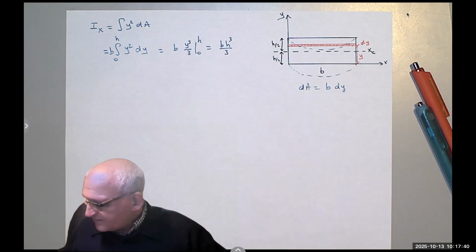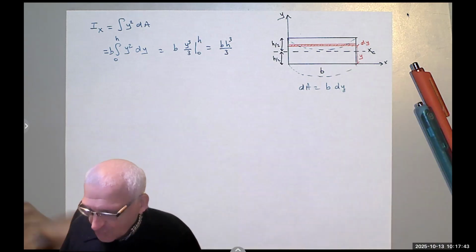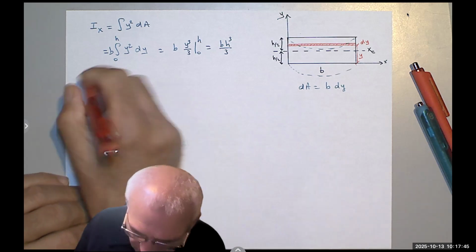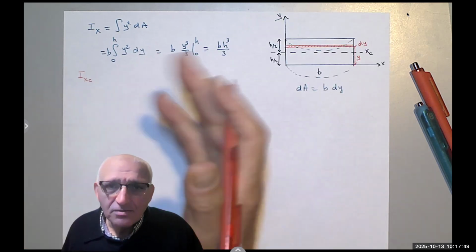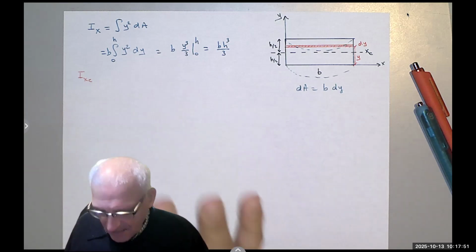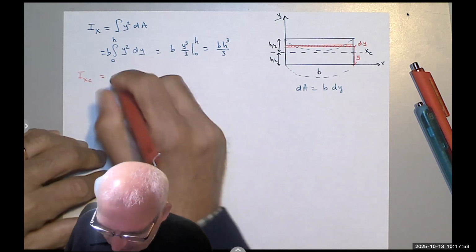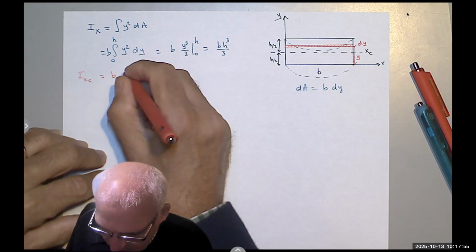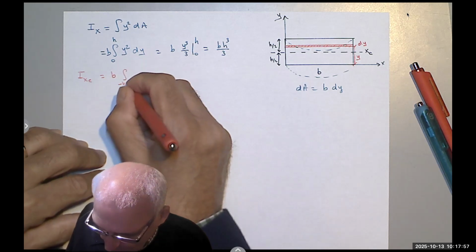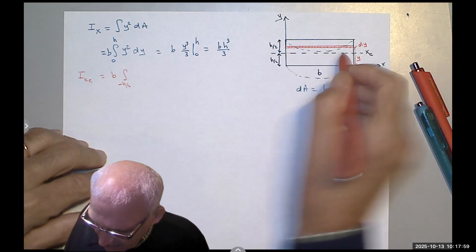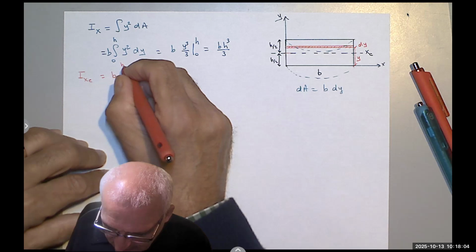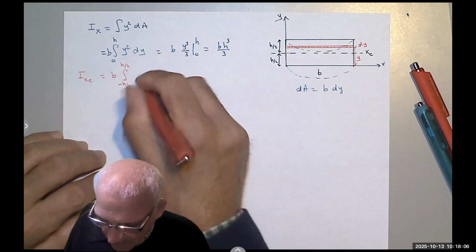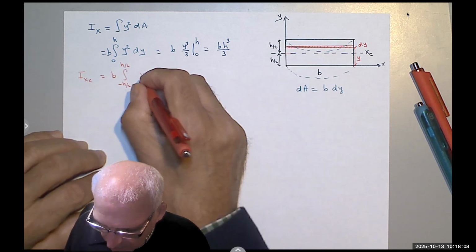But we said this is not the smallest moment of inertia. The smallest moment of inertia occurs about the centroid, which is I x c. So if we don't know any better, I'm going to say it's the same thing. It's b times the integral from negative h over 2, because I'm taking the moment here, so this point has a height of negative h over 2, to positive h over 2 of y squared dy.